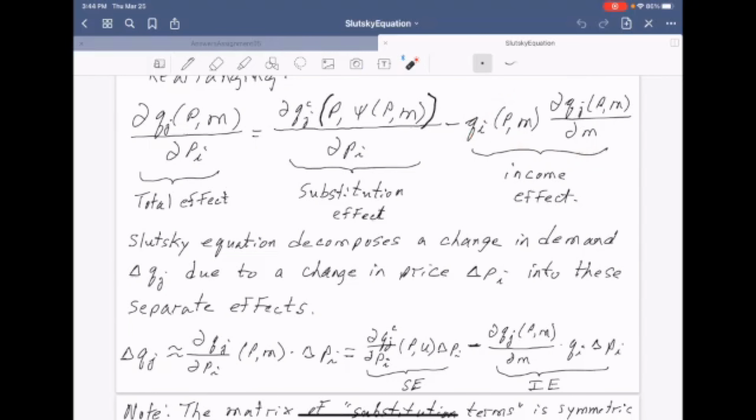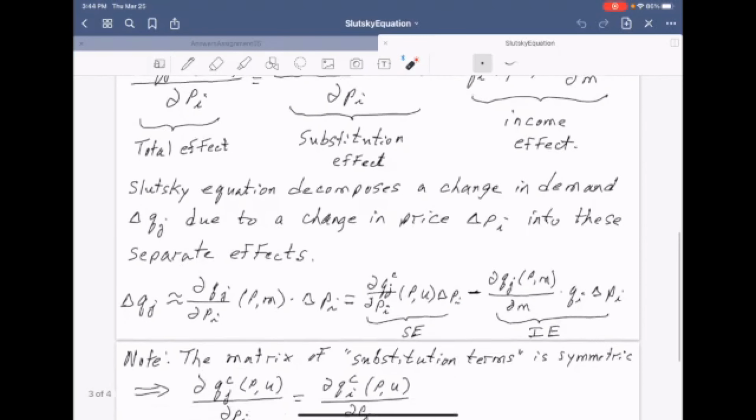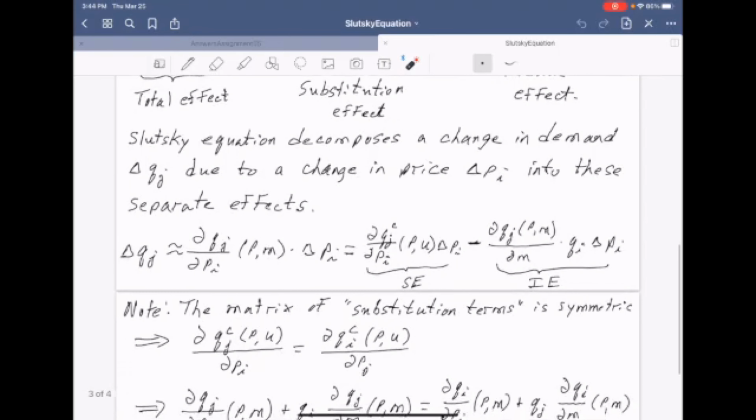So the Slutsky equation effectively decomposes a change in demand Qj due to a change in price into these separate effects. And we're going to look at what happens when you get delta Qj. In other words, you get an actual change in the demand for J when you change the price Pi of another good by some amount delta Pi.